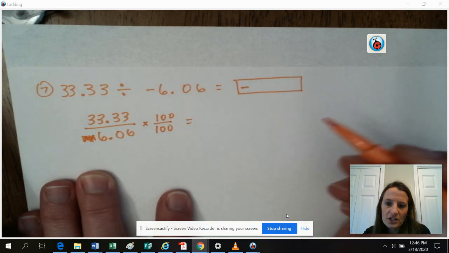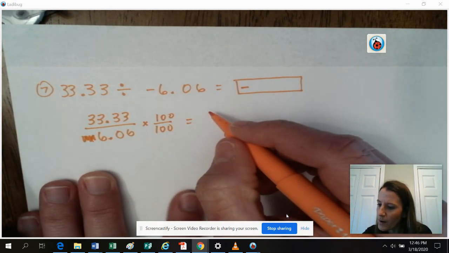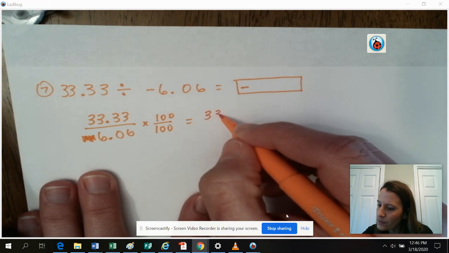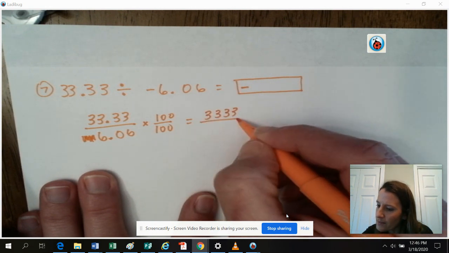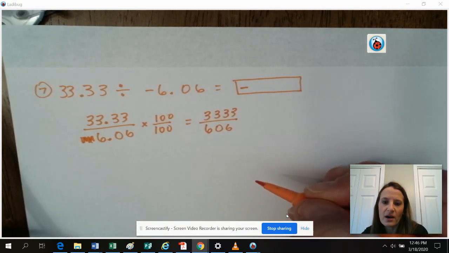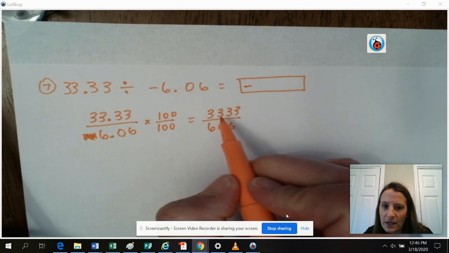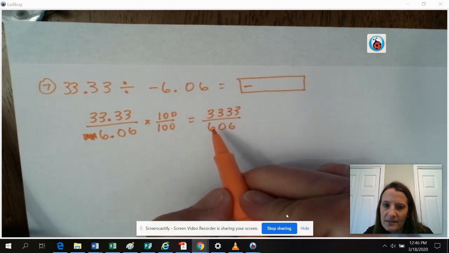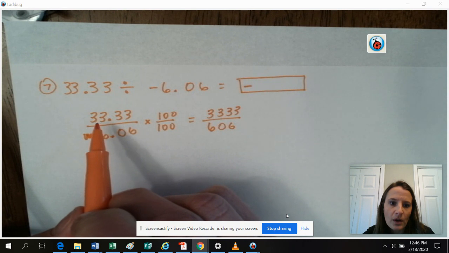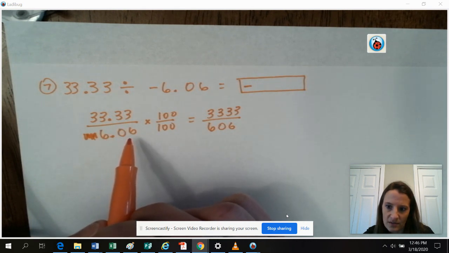So I've not changed the value of this problem at all. So that's 3,333 divided by 606. And these are equivalent. We talked about equivalent ratios at the beginning of the year. 3,333 divided by 606 is equivalent to 33 and 33 hundredths divided by 6 and 6 hundredths.